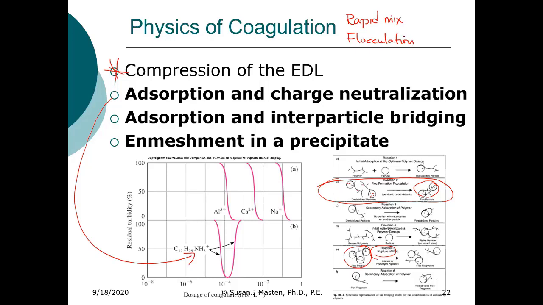So we need to be very careful here, because if we have too intense mixing, we end up with this situation right here, where we actually rupture the particles, and we restabilize the colloid. If we don't have sufficient mixing, then those particles don't come in contact with one another, so therefore they can't combine and become large enough.